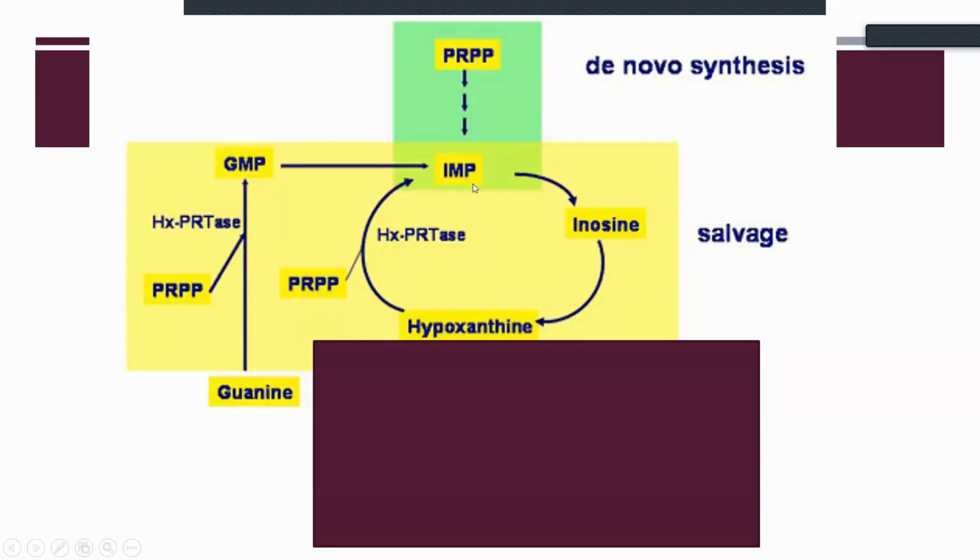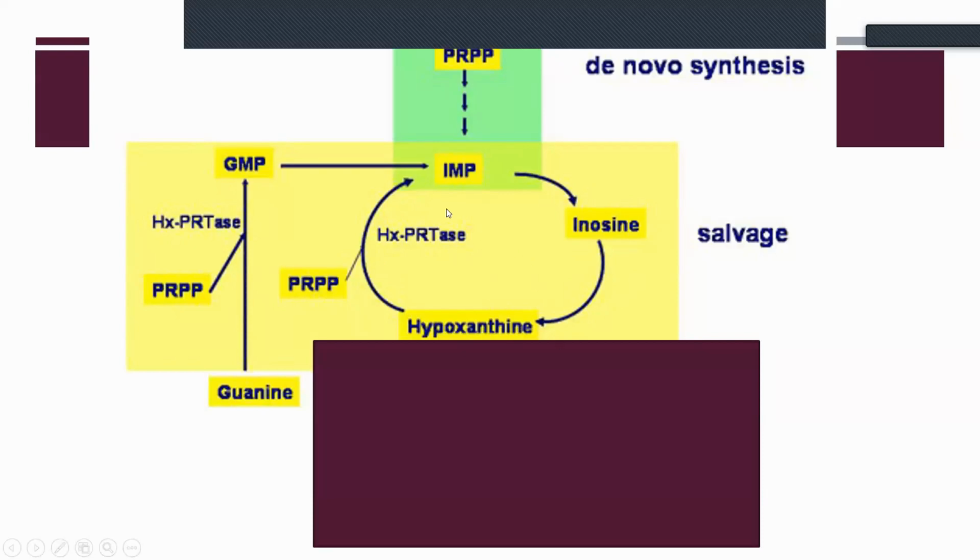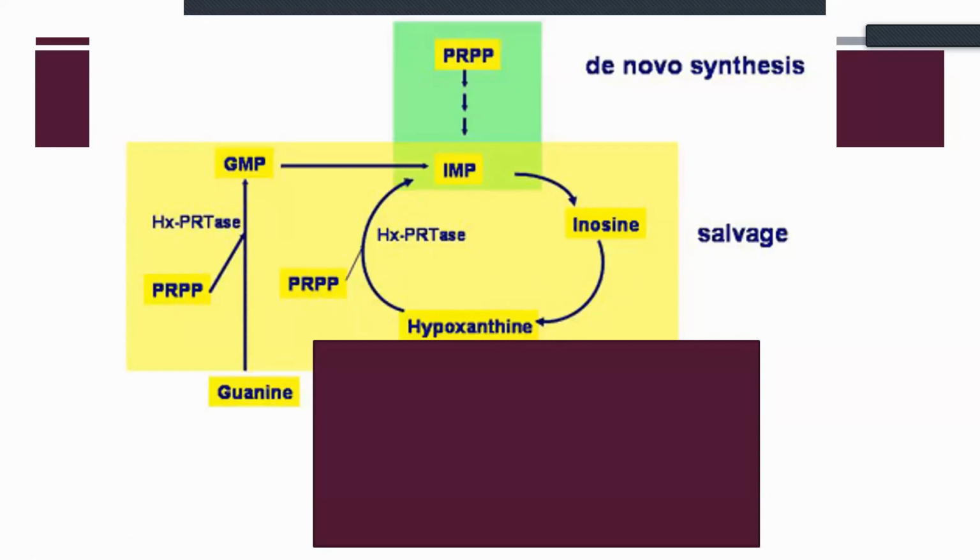Because when IMP breaks down, we get inosine. And from inosine, we can get hypoxanthine. And again, we can get IMP, right? So the important thing in this cycle, I'm going to show you. Just remember, there is a link between de novo synthesis and salvage pathway, right? It's not like in your body only de novo is happening or only salvage is happening. They are both happening.